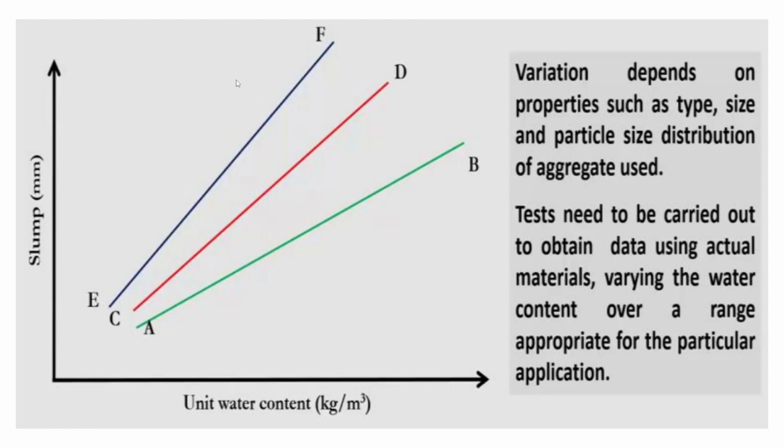For variation in properties, the straight lines drawn will be different, and for this we need to carry out various tests. That will determine the actual material properties, and it will help us determine the variation of water content over a range of appropriate slump for a particular application.